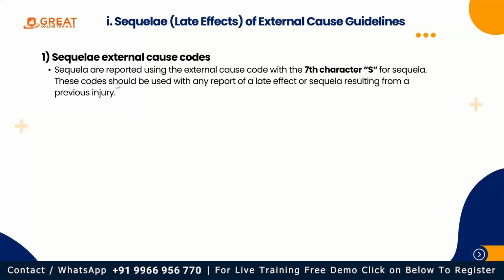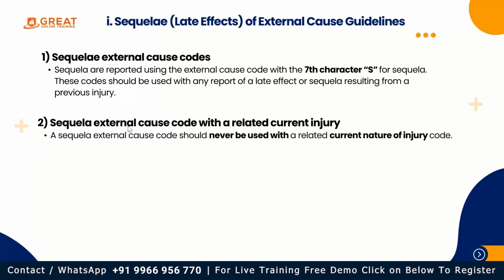These codes should be used with any report of a late effect or sequela resulting from a previous injury. Okay. So we have to use this 7th character S. I already showed you that we have so many codes which end with 7th character S, which represents sequela. We have to use those codes when there is any report of late effect or sequela resulting from previous injuries.